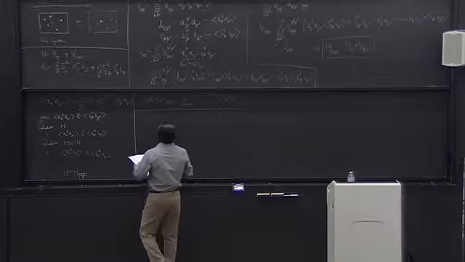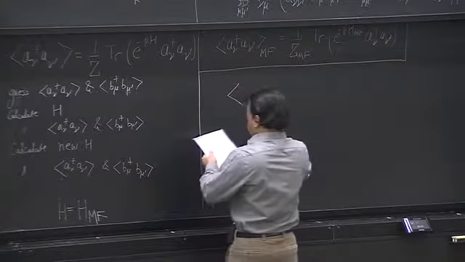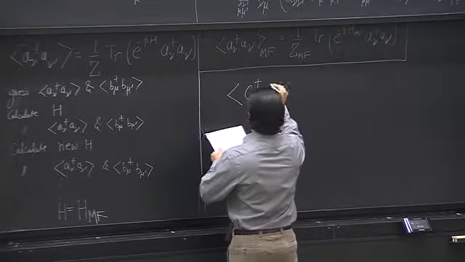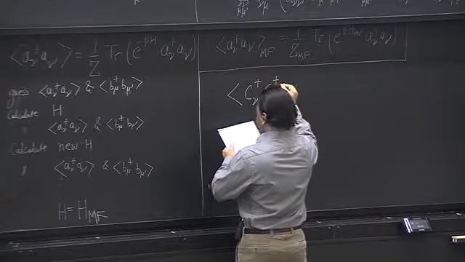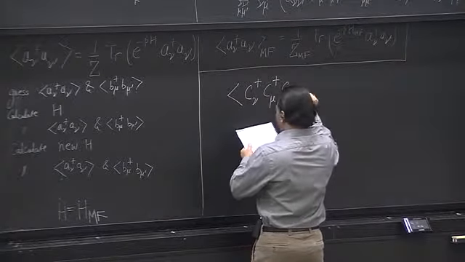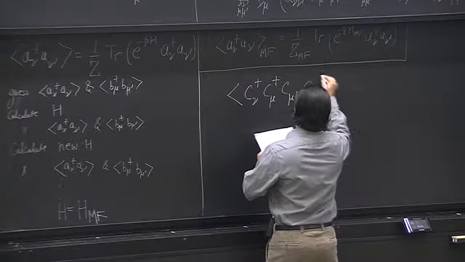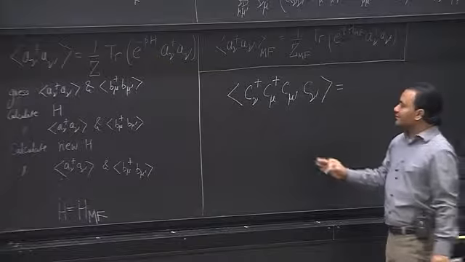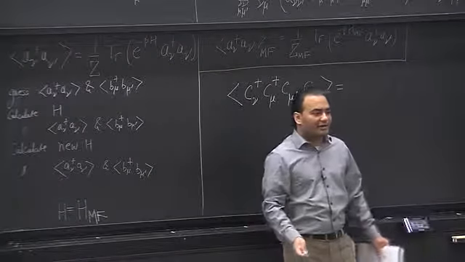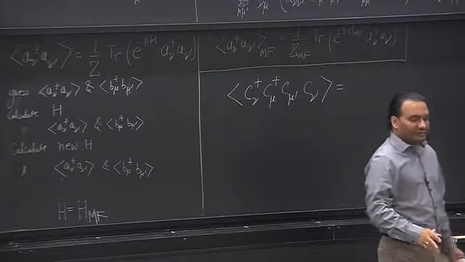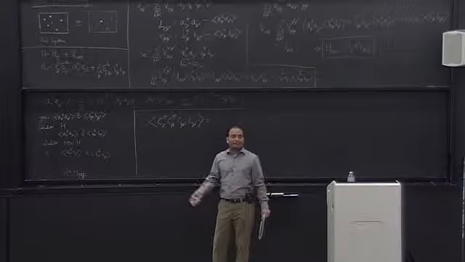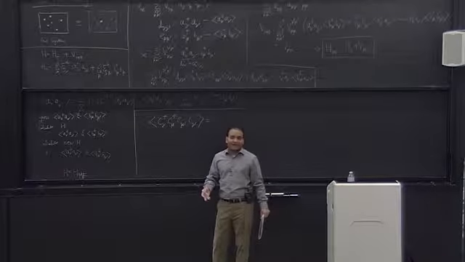In that case, you will need to calculate the expectation value of operators like this, of 4 operators. What Wick's theorem says is that for the expectation value of a string of C operators, you can always break it down into a product of expectation values of pairwise C operators.